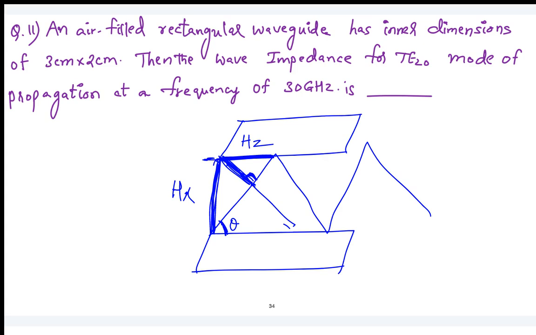Anybody solved? Are you getting cos theta or sin theta? Somewhere we are making a mistake. Actually, we should get cos theta. Can you cross verify where we have made the mistake?